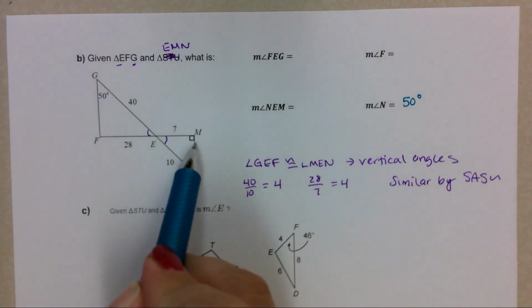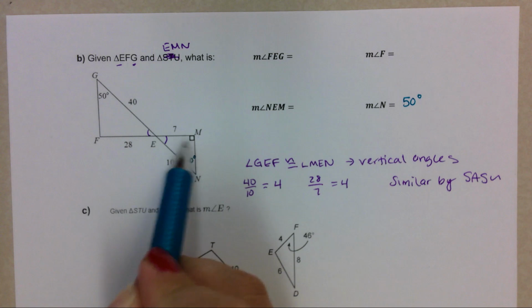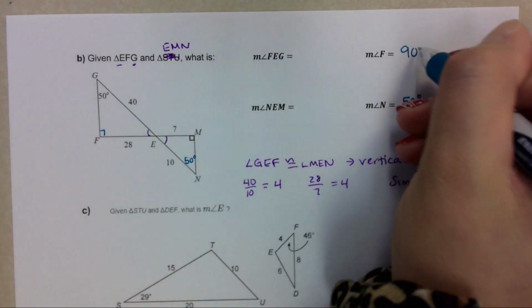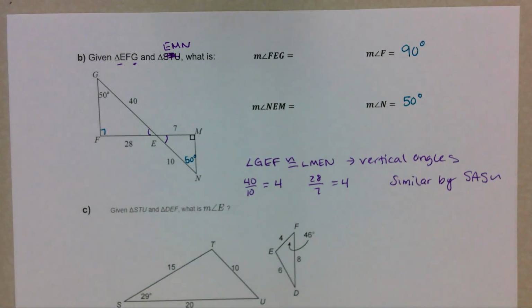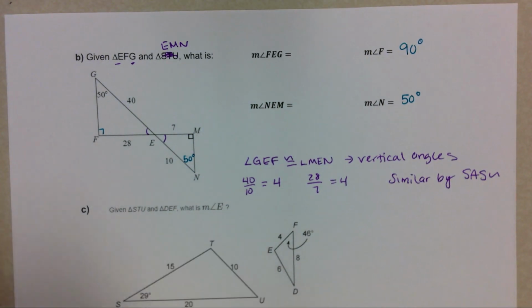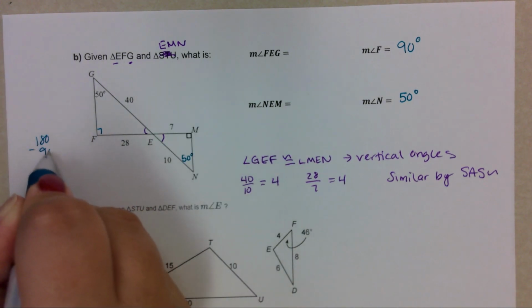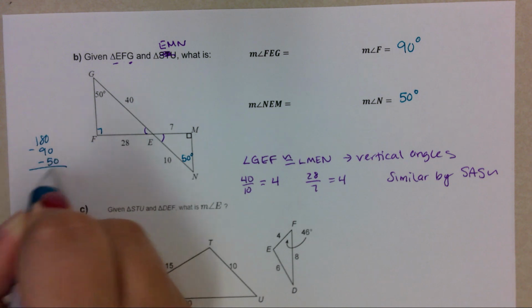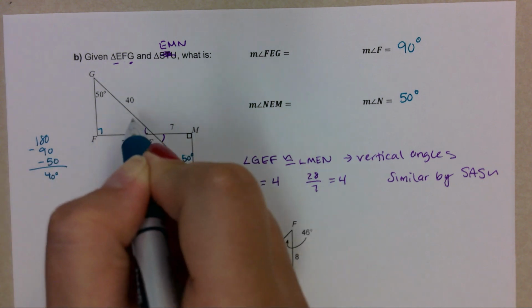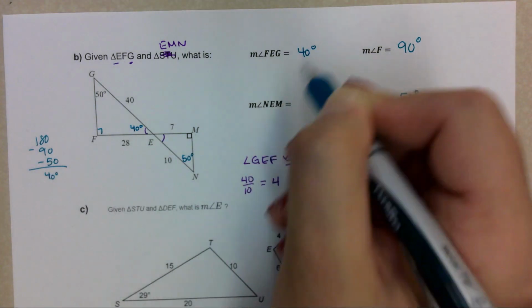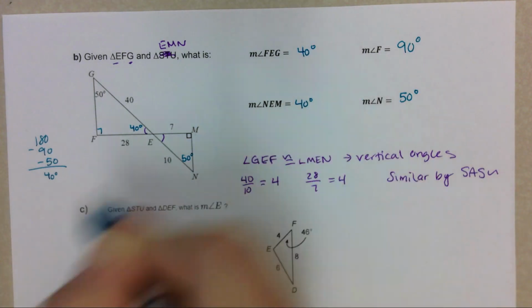And since angle M is a right angle that's 90 degrees, angle F is a right angle, which is 90 degrees. And then I can subtract from 180 to get my vertical angles. So 180 minus 90 minus 50 is 40 degrees. So that makes these two angles each 40 degrees.